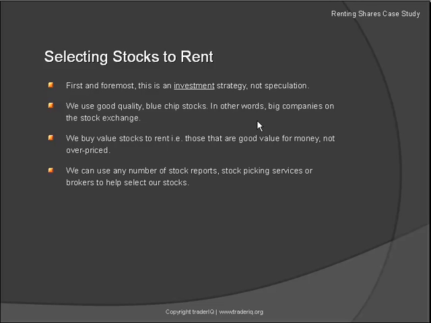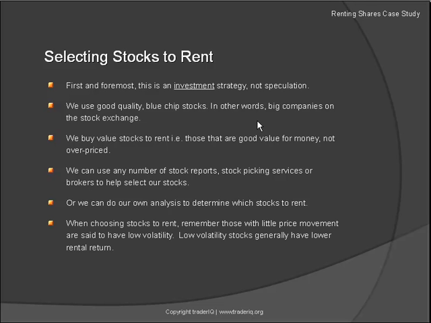You can use any number of stock reports, stock picking services, or brokers to help select our stocks. Or we can do our own analysis, and we'll go through a little bit of analysis as we get into our case study. When we choose stocks to rent, though, remember, those with little price movement are said to have low volatility.